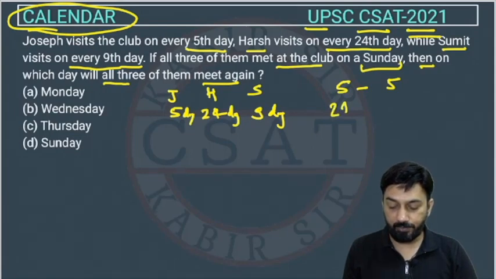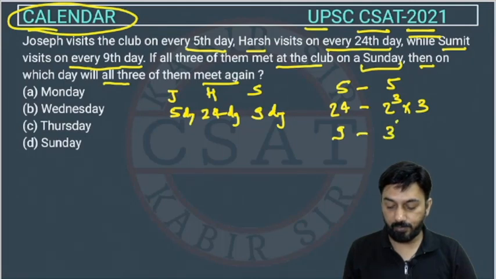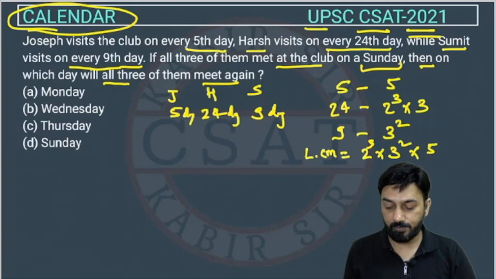So the factor of 5 will be 5, and the factor of 24 will be 8 into 3, right? And the factor of 9 will be 3 square. Okay. So now the LCM of these numbers, we will take the highest power: the highest power of 2 is 2 cube, the highest power of 3 is 3 square, and the highest power of 5 is 5.